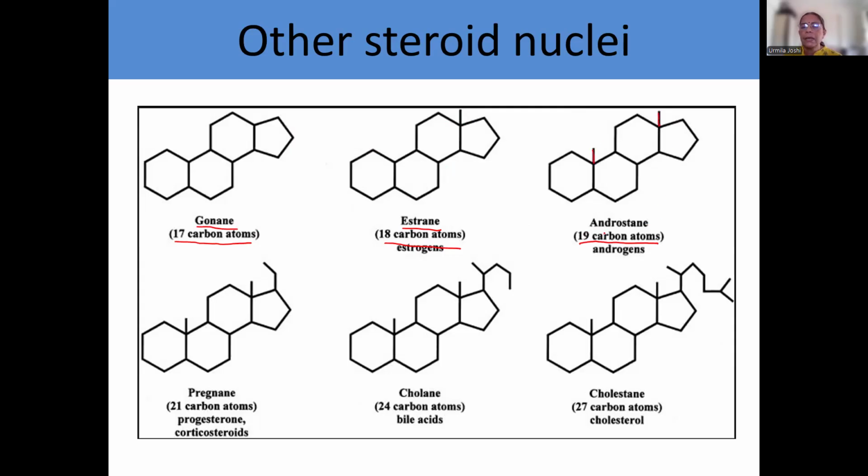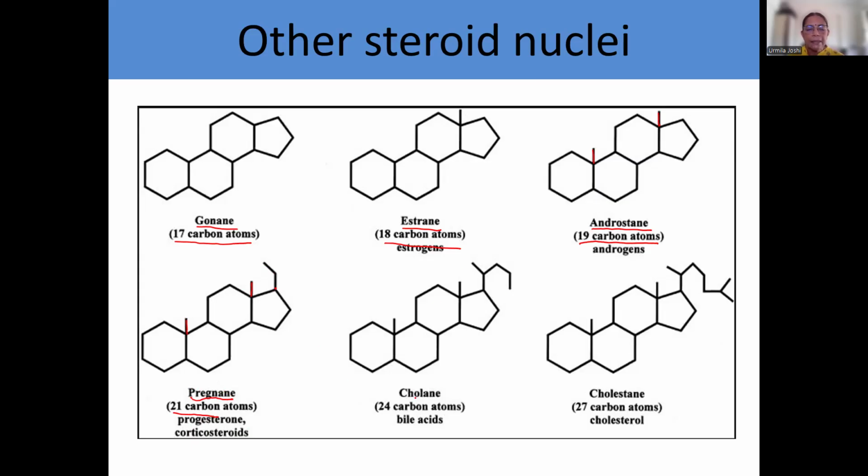This structure is known as androstane. Another is the C21 structure, where there are angular methyl groups and a 2-carbon chain attached to cyclopentane. This is called a pregnane structure. Progesterone and corticosteroids are a part of this pregnane structure.